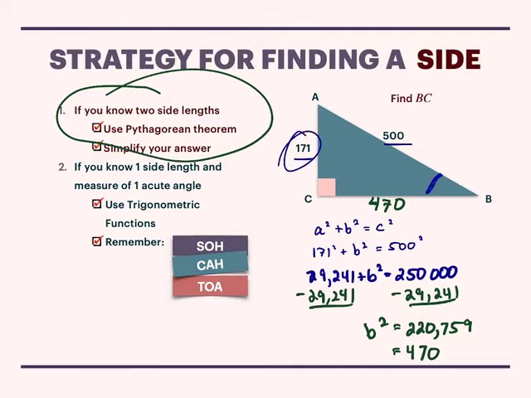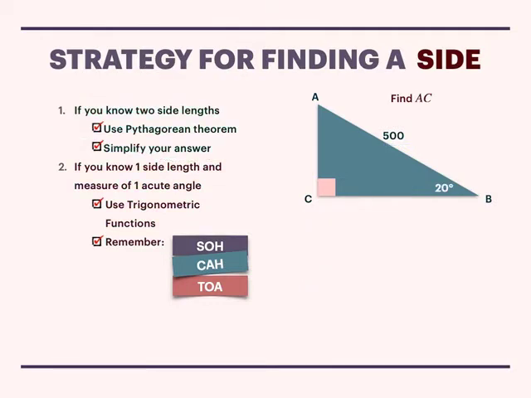So now I would know, for example, that this had to have been a 20-degree angle because it has the same sine value, 171. Second method here. If you know one side and an angle, so here I know my angle is 20 and the hypotenuse is 500. It says to find AC. So I know one side, 500, and I know the measure of an acute angle. Remember how we do this?